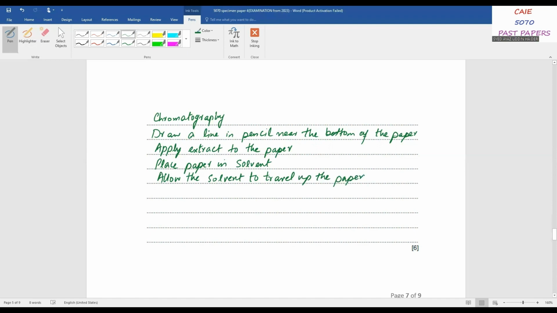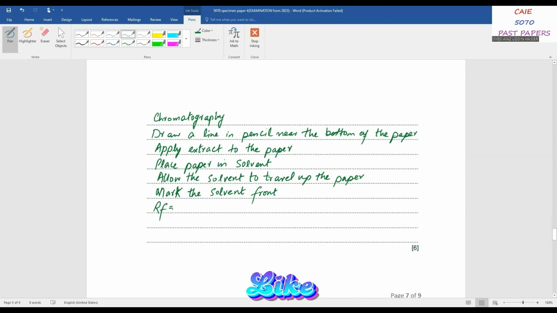Then mark the solvent front. Then you will obtain the RF value. So you have to write how you will obtain the RF value.